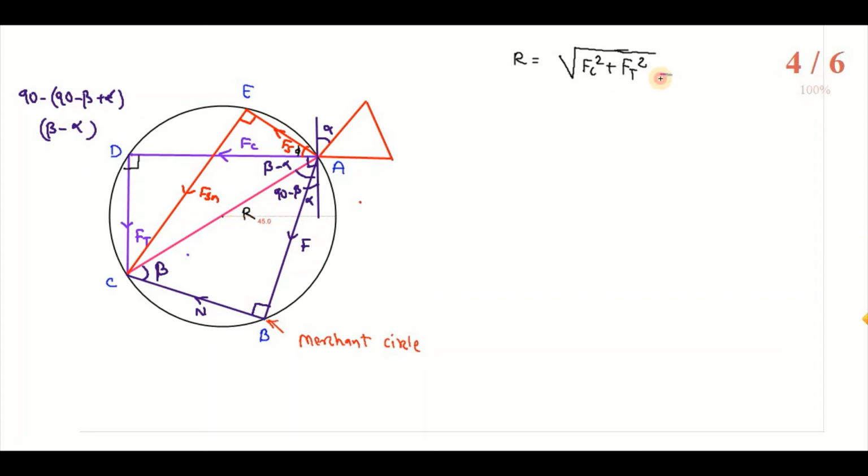So this R we can write as under root Fs square plus Fsn square, or under root F square plus N square. It is the diameter of the merchant circle.